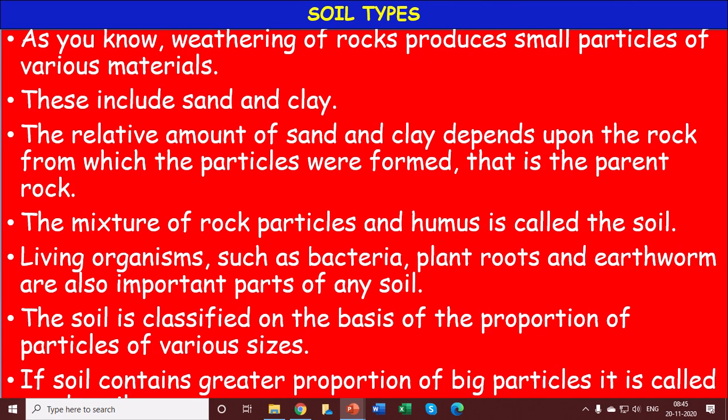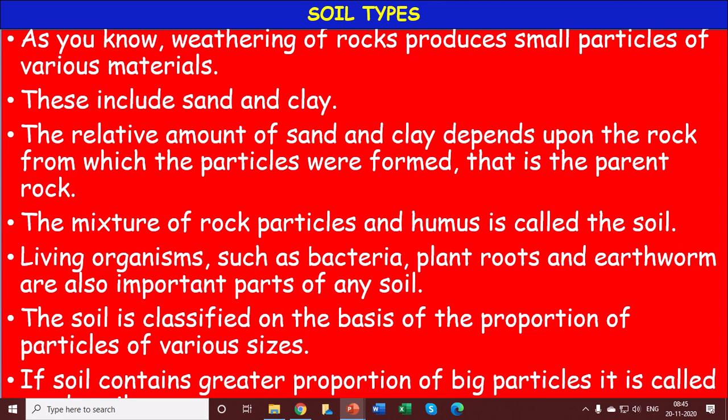The soil contains a greater portion of big particles. So these are very important. This greater portion of big particles is called sandy soil.